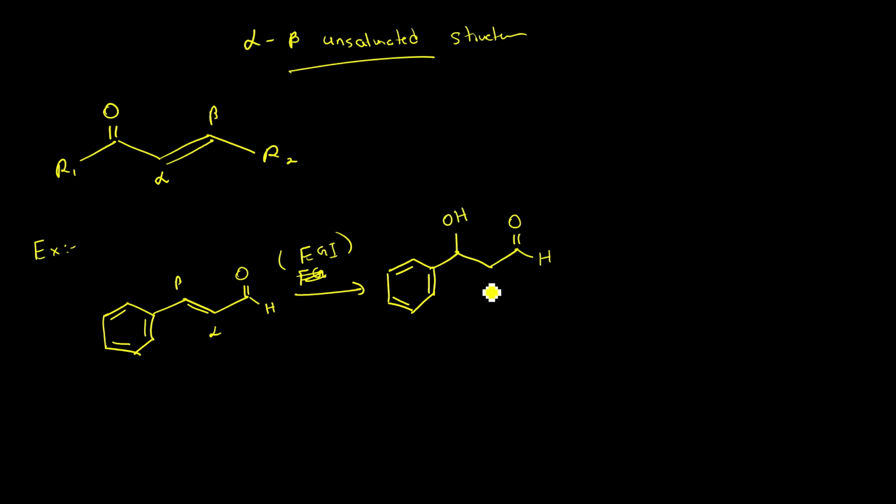Why can't we do it on the alpha carbon? Yes, you can, right? You can do it, but when it comes to this alpha OH group with this carbonyl group, it's a little bit getting destabilized, right? It's a little bit unstable than this. This is much more stable than the OH group on here. So it's better to go with the stabilized one. Otherwise you will get a destabilized product.